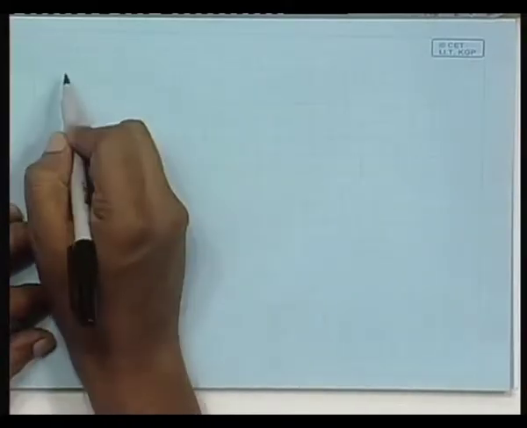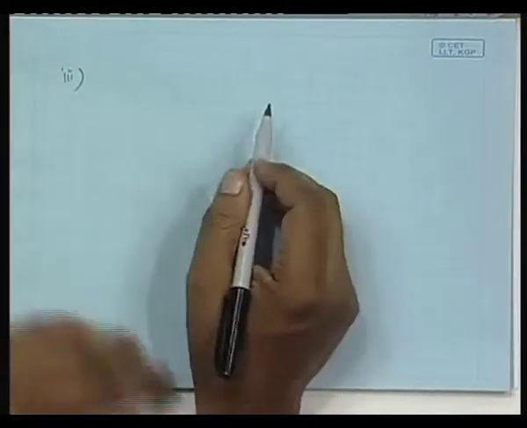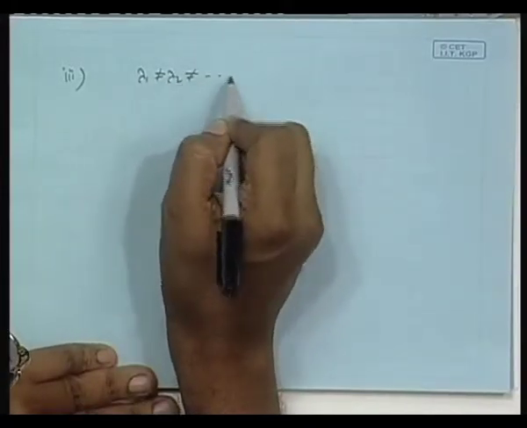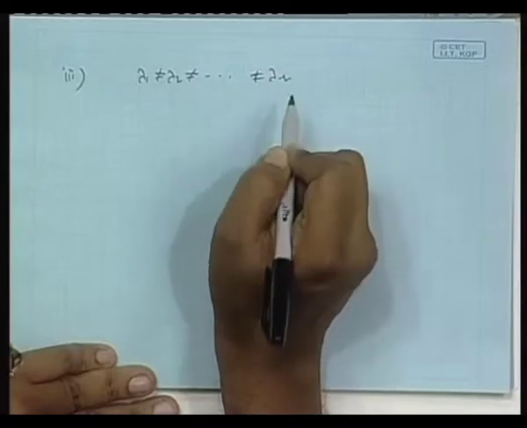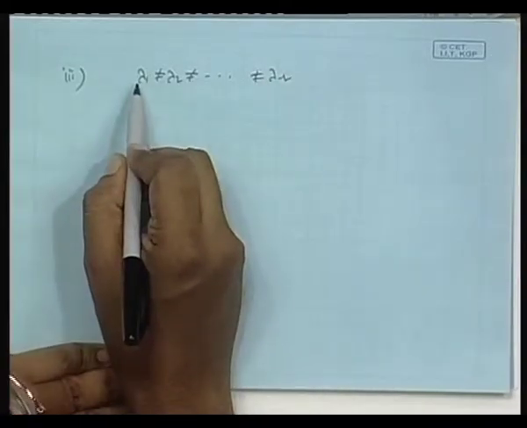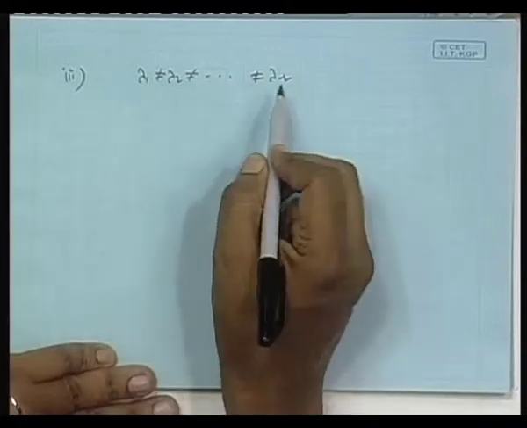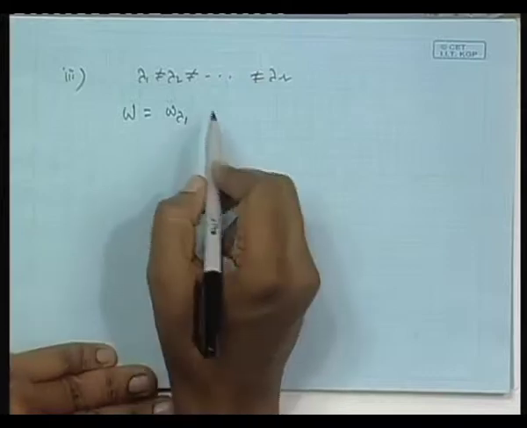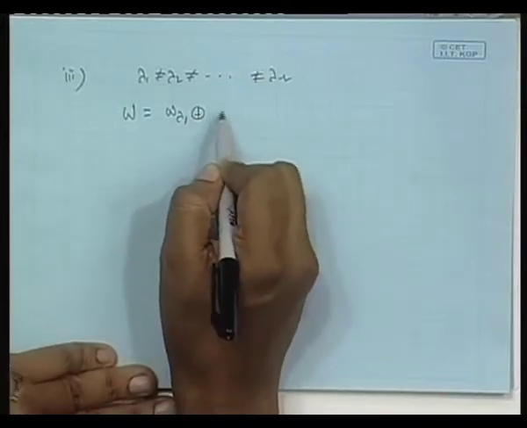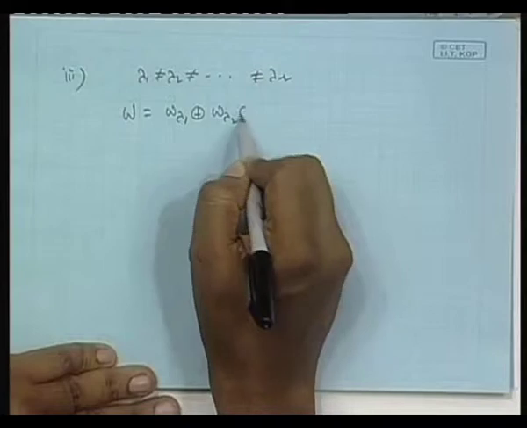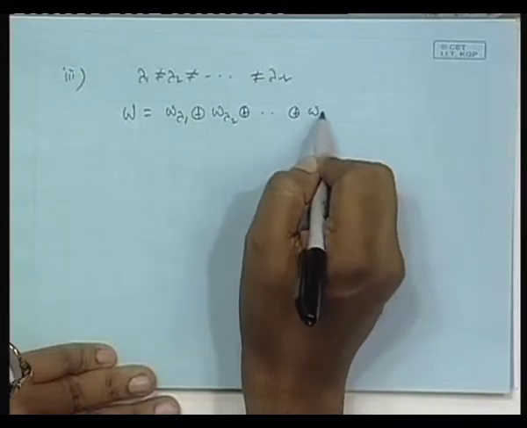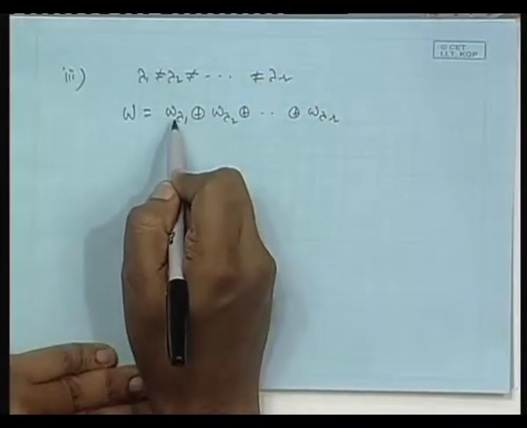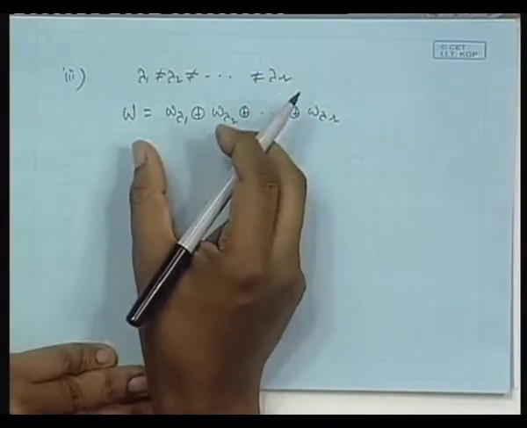Number 3, suppose we have distinct eigenvalues lambda_1 up to lambda_r. We have eigen subspace W_lambda_1, eigen subspace W_lambda_2, dot dot dot, eigen subspace W_lambda_r, and suppose I form W as the direct sum. It has to be a direct sum because, as I have shown, any vector belonging to W_lambda_1 and any vector belonging to W_lambda_2 form a linearly independent set.